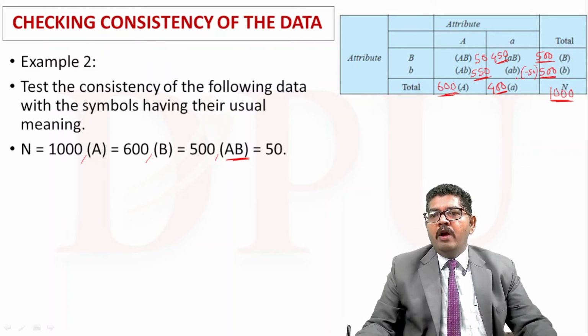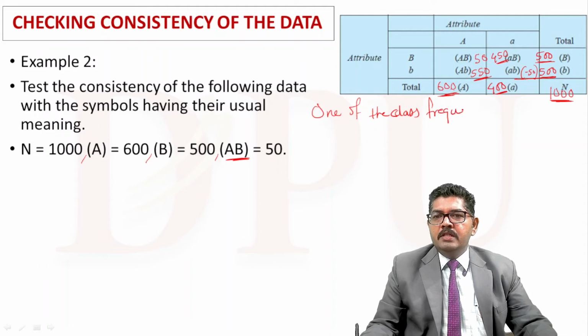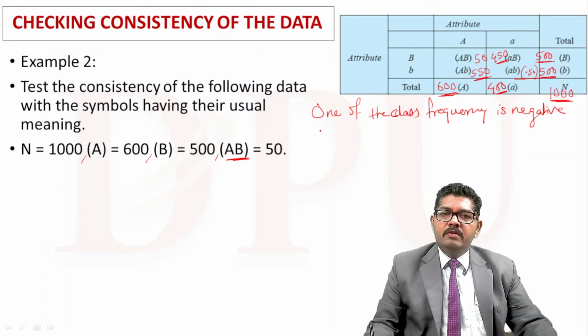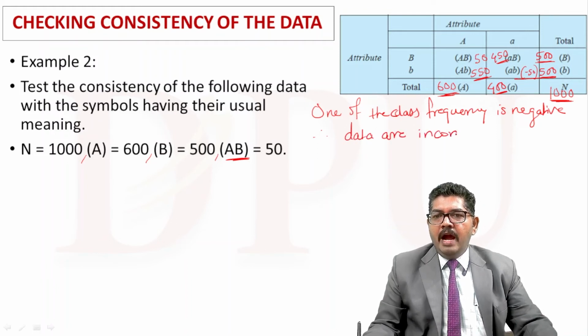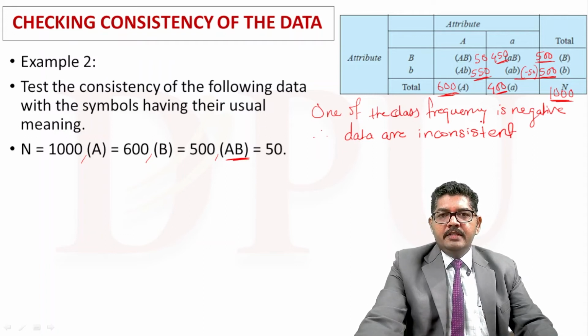As one of the class frequencies is negative, the data are inconsistent, and this is not suitable for further mathematical calculations. So this is how we check the consistency of the data.